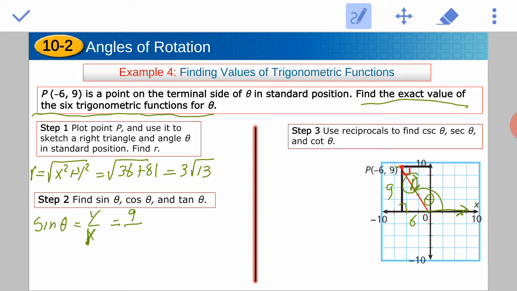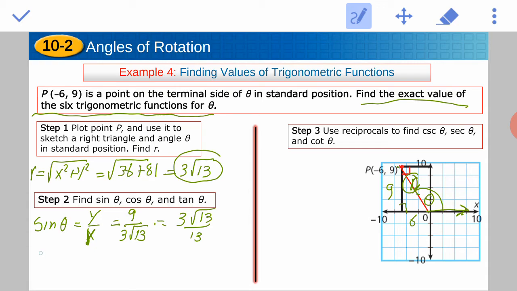Sine theta equals y over r. The y coordinate is 9, so it's 9 over r, and r equals 3 times the square root of 13. Guys, if you put that in the calculator and rationalize the answer, the answer in the rational form is going to be 3 times the square root of 13 over 13.